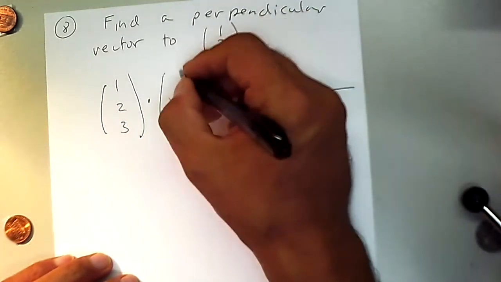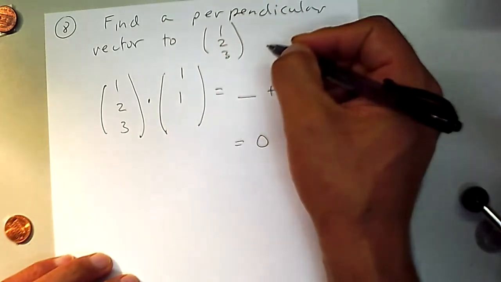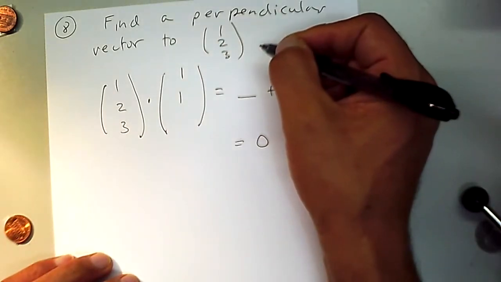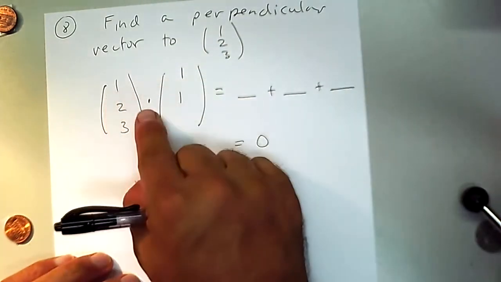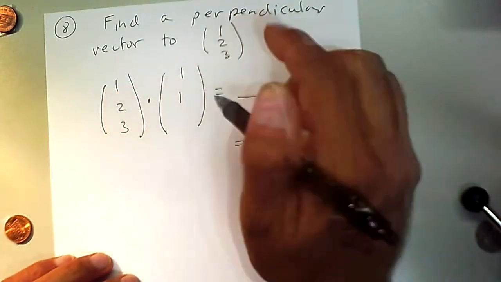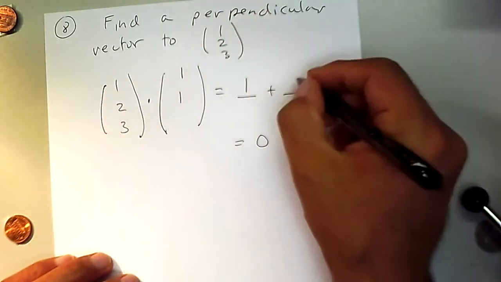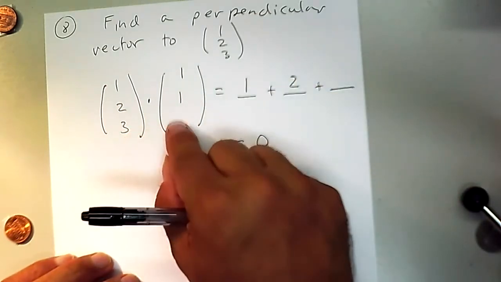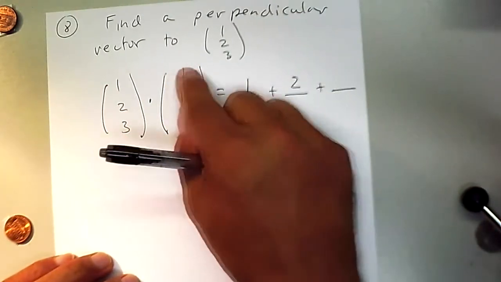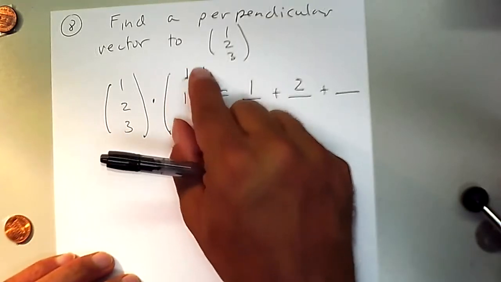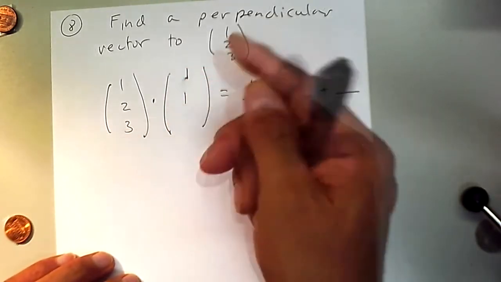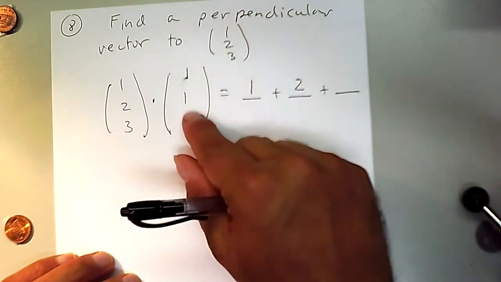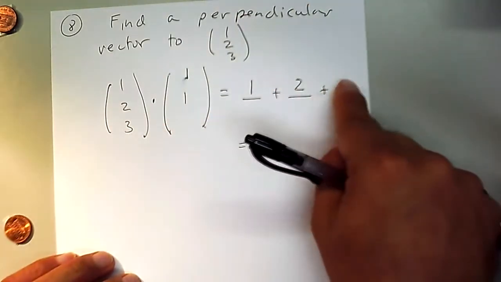Let's say if we put 1 and 1, then when we apply the dot product, it is going to be 1 times 1, 1, 2 times 1, 2, so that's 3. So I need something here. I pick those two numbers at random, and usually you pick something relatively easy, such as 1, and then hope that this one is easy.